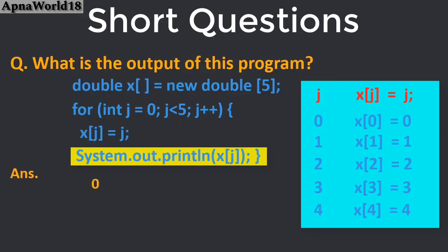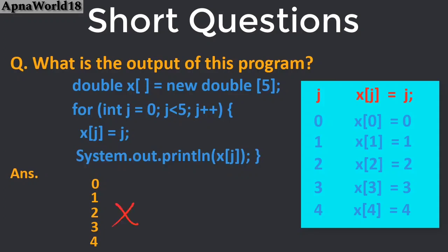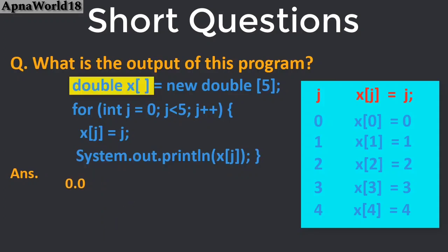So you think it will print 0 to 4 in a single straight line? No, it is a double array, so it will print 0.0, then 1.0, 2.0, 3.0 and then 4.0. In all such questions, pay attention to what data type you are printing and then print accordingly.